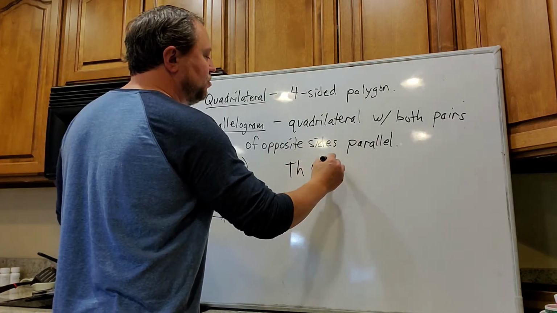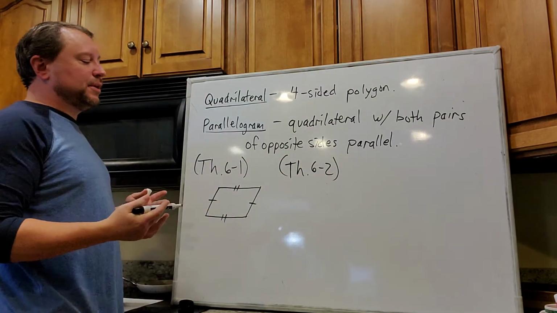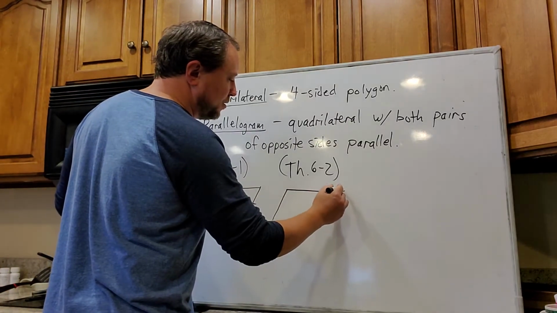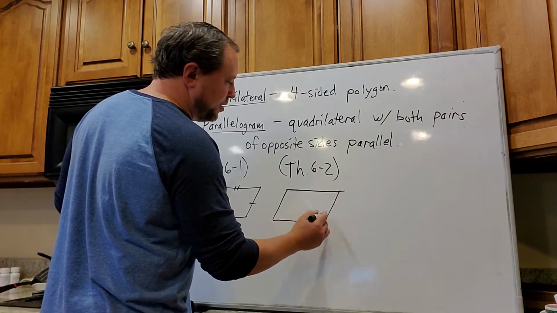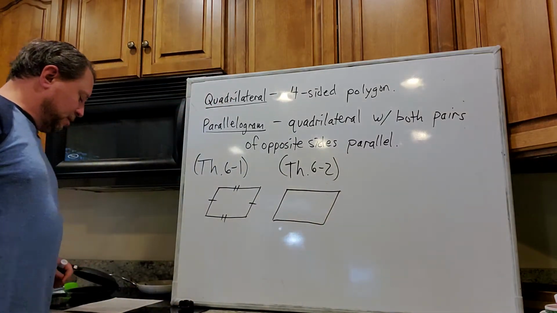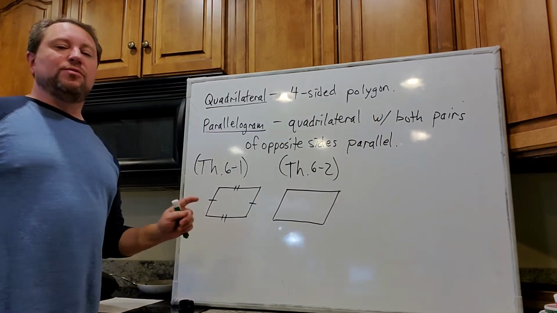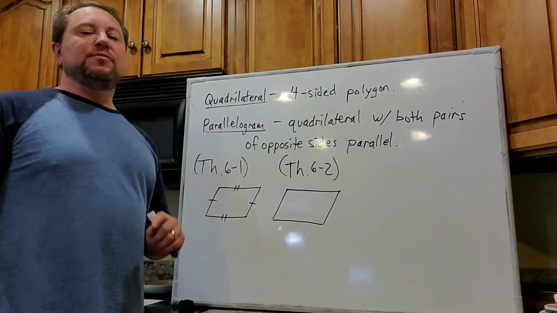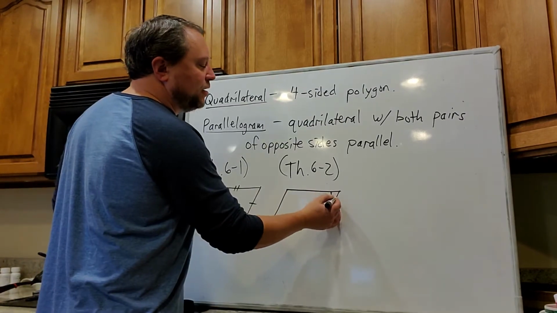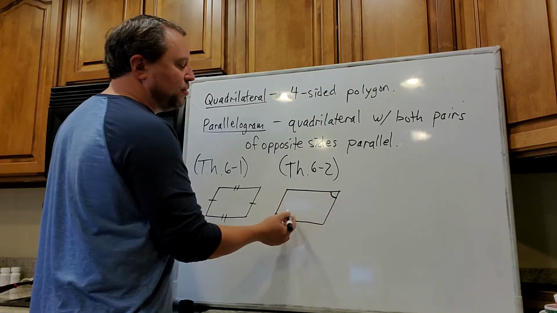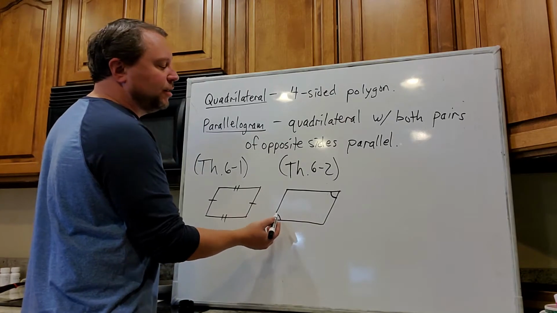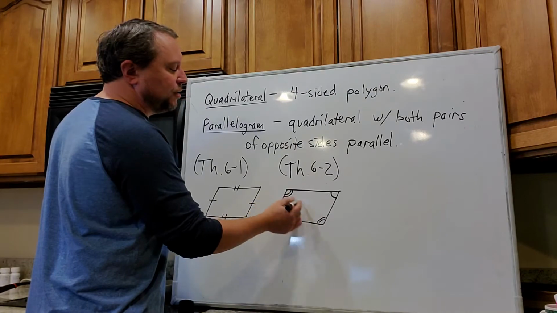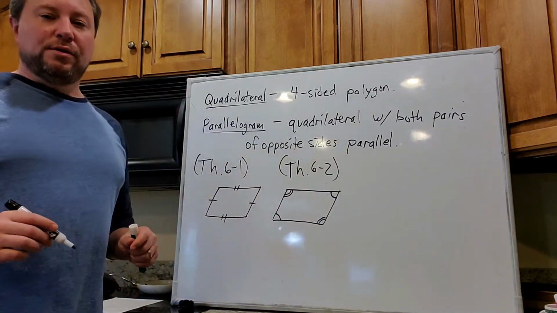Theorem 6.2 says something else that's true about parallelograms. So let me draw a little parallelogram here. It's kind of like Theorem 6.1, only instead of opposite sides being congruent, Theorem 6.2 mentions that the opposite angles, so that angle and its opposite angle clear over here, and then these two angles that are opposite of each other, are going to be congruent.